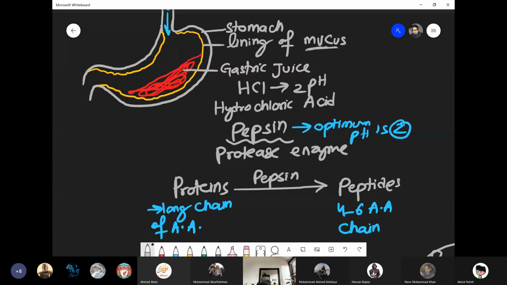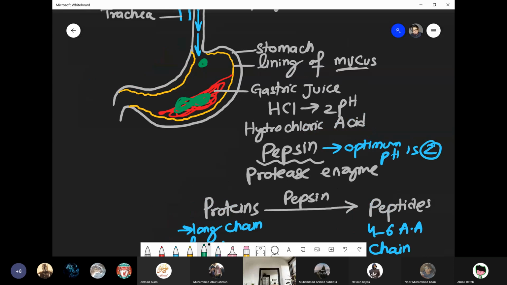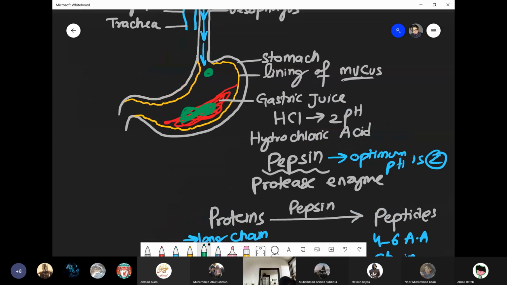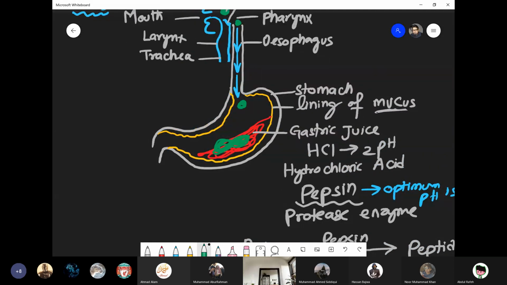Okay. Now, what has happened? The bolus has reached over here. Next, this bolus mixes with the gastric juice. There is a mixture of bolus and gastric juice.